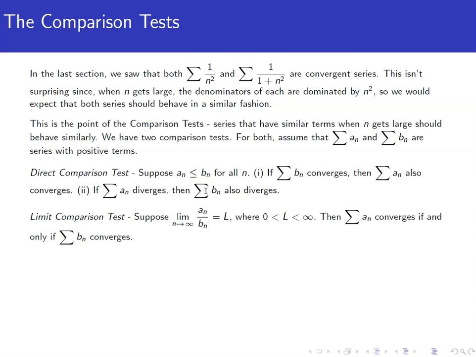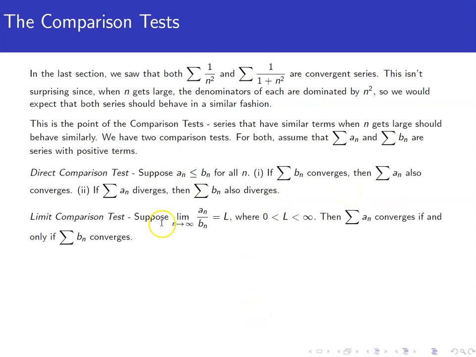We also have what's referred to as the limit comparison test, and this is really more along the lines of: if they really do have similar terms, then the series should behave similarly. That idea of having similar terms is what this condition is here. Suppose that the limit as n goes to infinity of the ratio of a sub n to b sub n exists. Suppose that limit exists, so that's what the less than infinity part is, that it actually exists as a number and it's not 0.